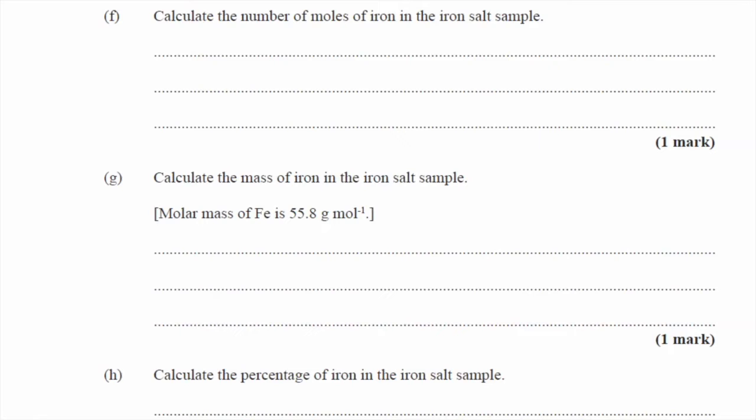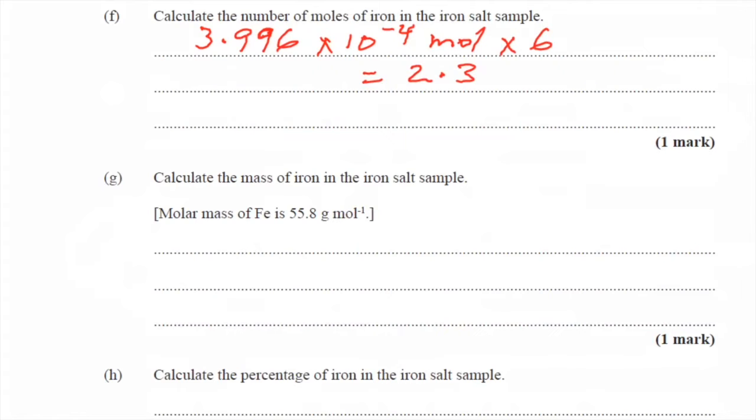So the number of moles of iron used in the sample would be 3.996 times 10 to the minus 4 moles multiplied by 6, which would give us 2.3976 times 10 to the minus 3 moles. We could have rounded that to 2.40.